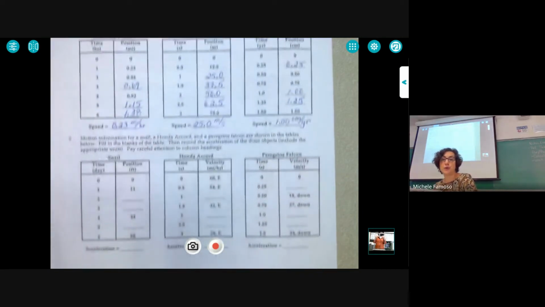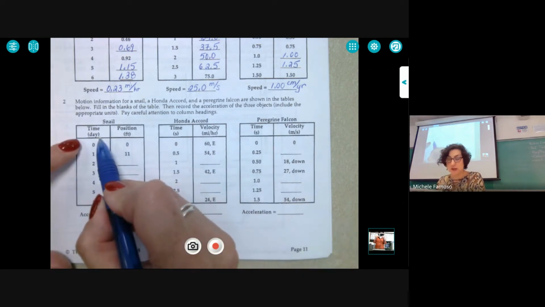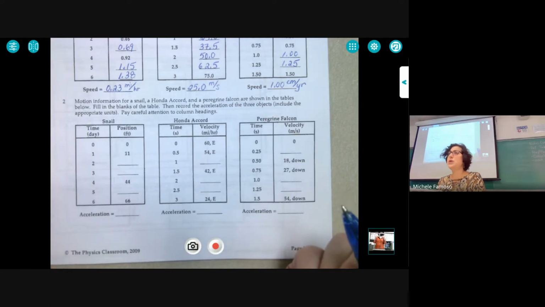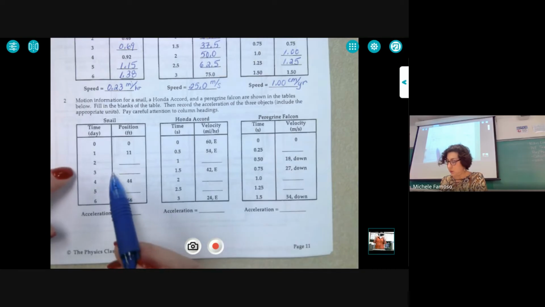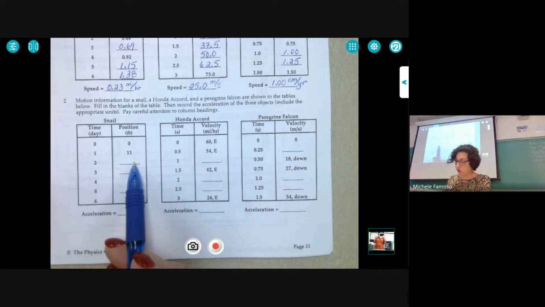Number 2 is about the new stuff. Again, we're looking for the patterns in the chart. Let's do the first one. These are positions per day. Do you see what the pattern is in this chart? What do I have to do to come up with the next position here at 2 days?